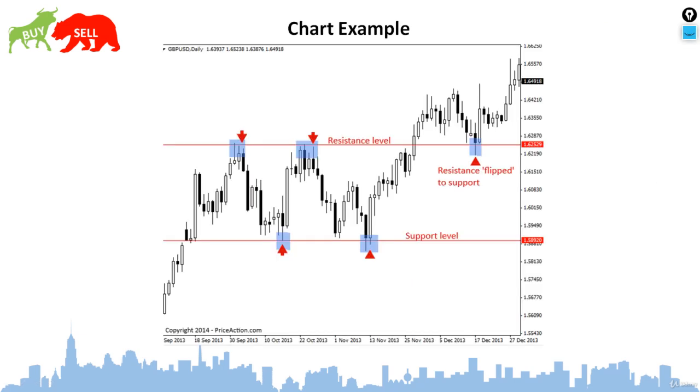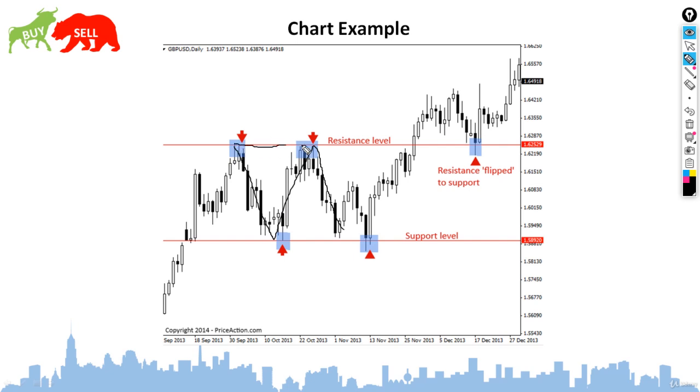So we will illustrate all that we studied in this chart example. As we can see, in the first place we have a double top. A double top not confirmed. To mark a confirmed double top, it needs to break the last bottom, and here the market didn't break this last bottom. Also we have a double bottom here, a confirmed double bottom.